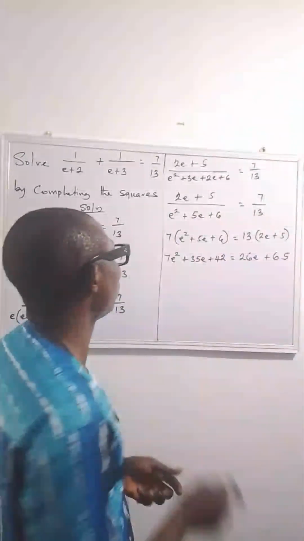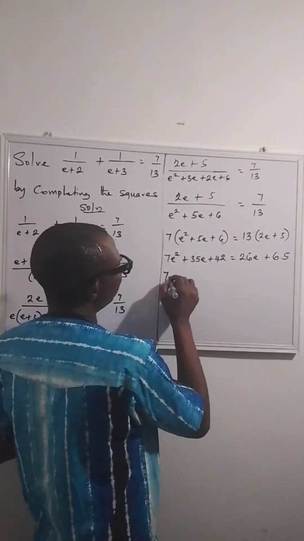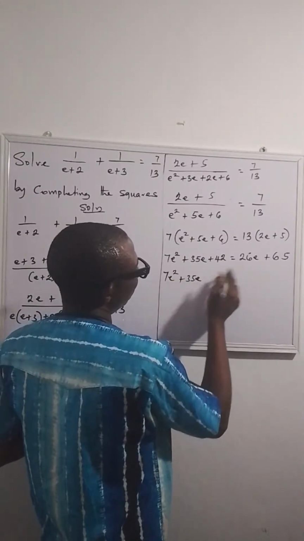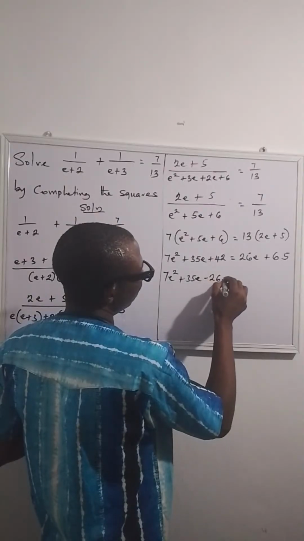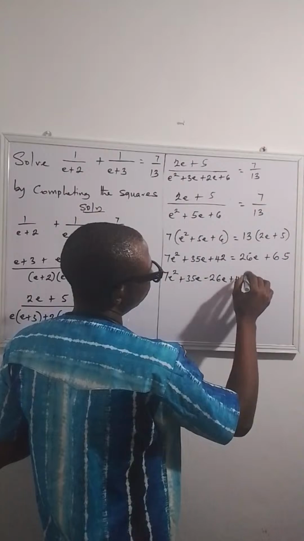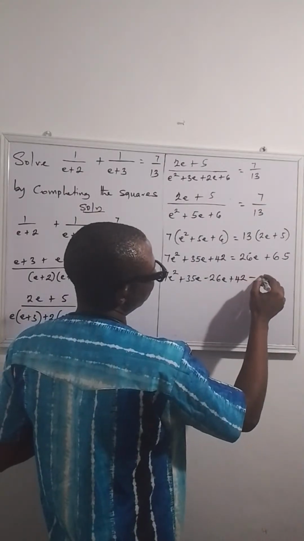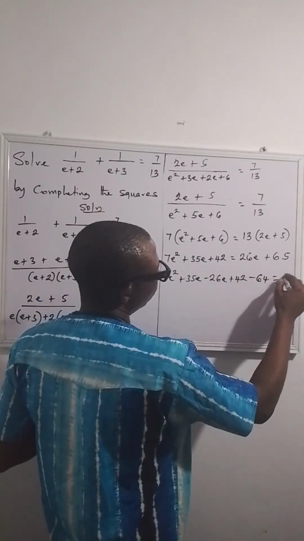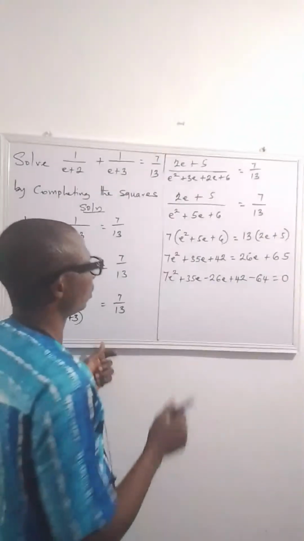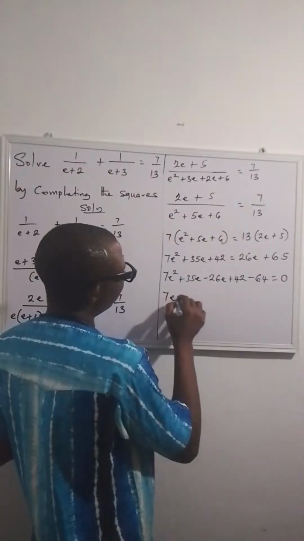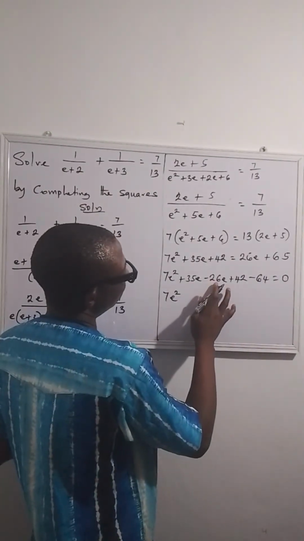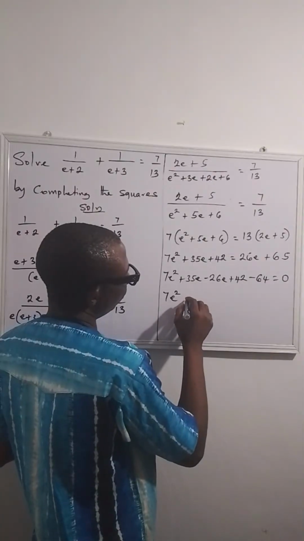All right. So we have 7e squared plus 35e now minus 26e. Okay. Plus 42 minus 65 equals to 0. Okay, so now you have 7e squared. Now let's subtract this from this. That is going to give you what?